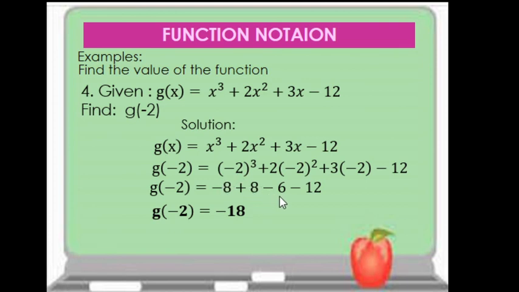Then, we have negative 6 minus 12. So, negative 6 minus 12 is equal to negative 18. Pareho siya ng sign. Kaya, i-add natin siya. So, therefore, g of negative 2 is equal to negative 18.